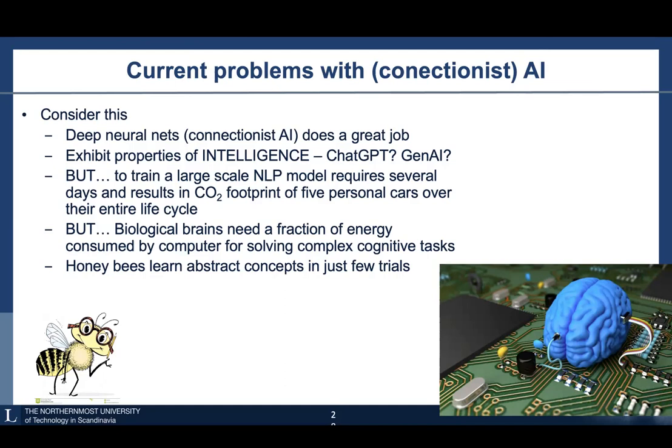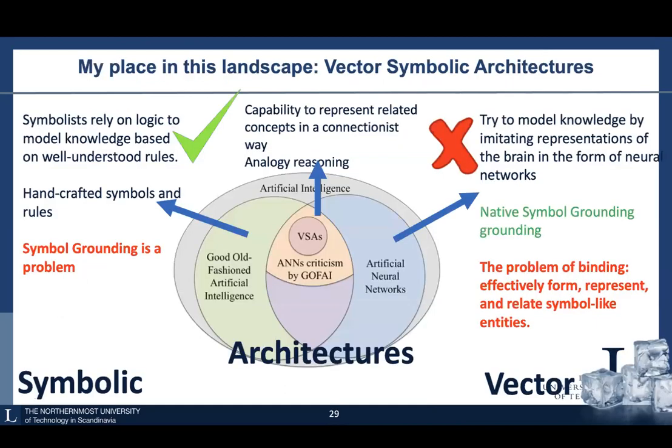Honeybees can master abstract visual concepts, like larger, smaller, different geometrical shapes, in only a few trials, while neural networks, even with many trials, are basically not able to learn anything. And this creates really a challenge: how should intelligent functionality be implemented?